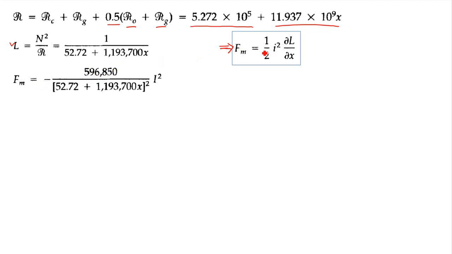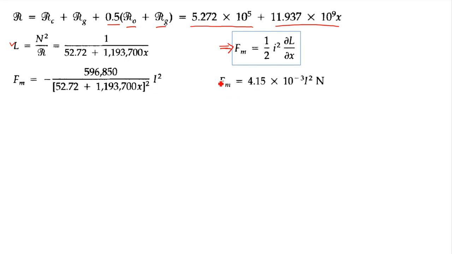Just take the derivative of L and multiply with I squared. Okay, so this will give me this equation, right? A minus sign will come because we are taking the derivative of a fraction.